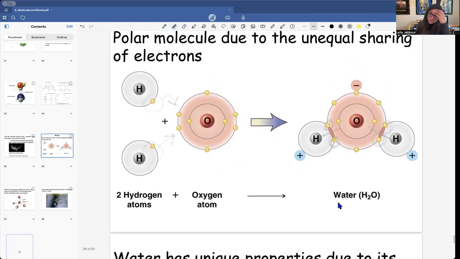But it still ends up being a polar molecule because of the electron cloud that spends more time over here.